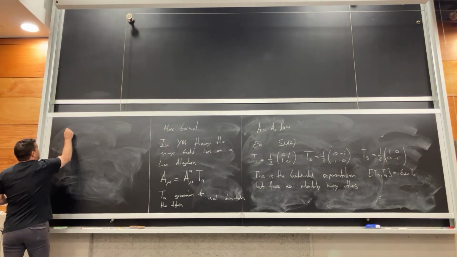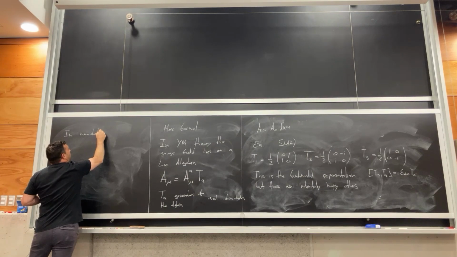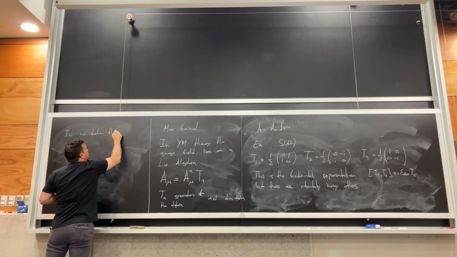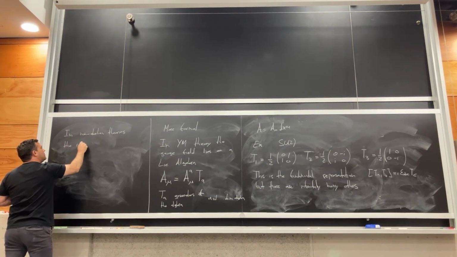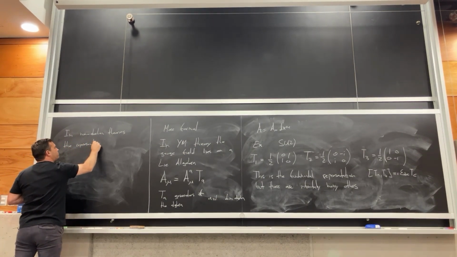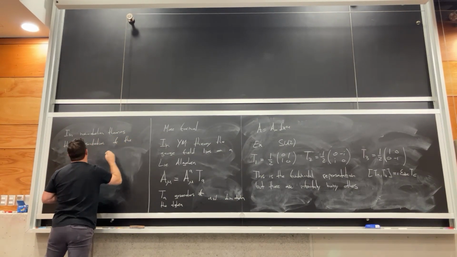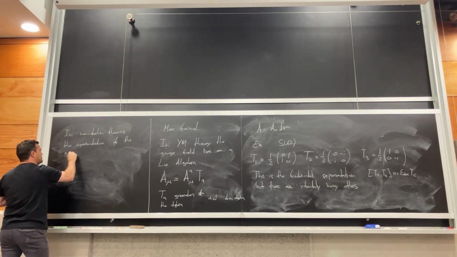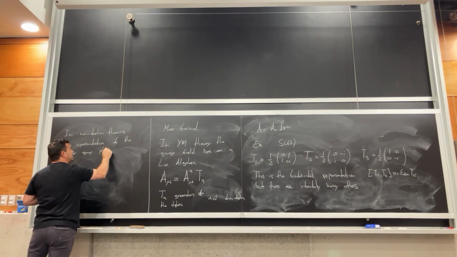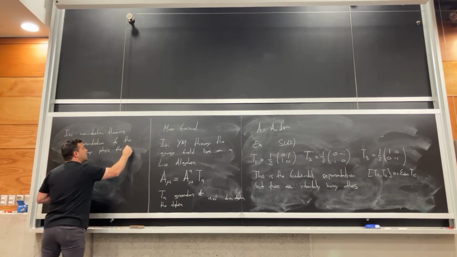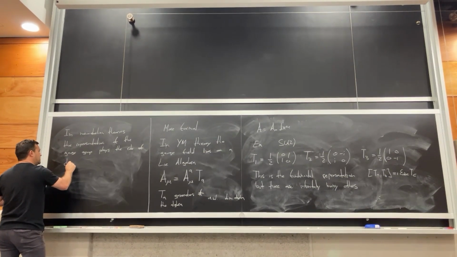So in non-abelian theories, the representation of the gauge group plays the role of charge.